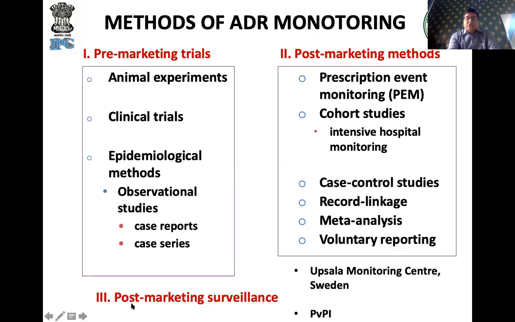And the last is post-marketing surveillance, where we report all the ADRs when the drug is in the market, and we report these ADRs to the adverse drug reaction monitoring center.